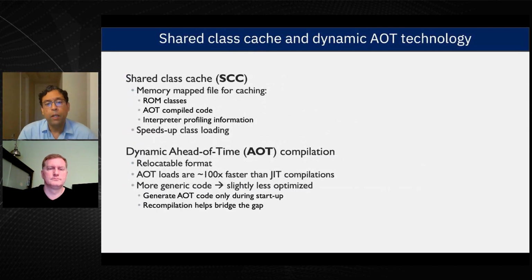Next slide, please. So one of the reasons why OpenJ9 has such great startup time characteristics is this technology called the shared class cache. So what is the shared class cache? Basically, it's a memory mapped file that contains the unchanging parts of classes, like bytecodes and constant pools, and ahead of time compiled code, and sundry other pieces of information like profiling, etc., that help improve startup time.